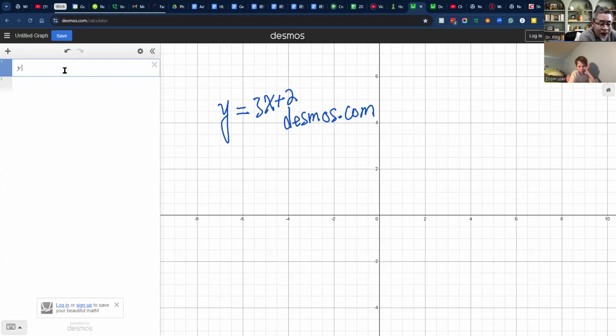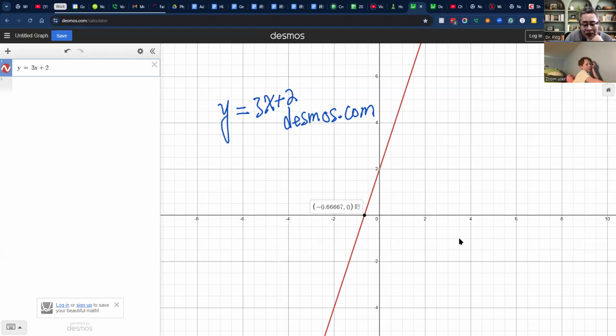You see y is 3x plus 2, and you can see that we have this point. This is our x-intercept, and it's given to us in decimal form. You can write it as x-int, for x-intercept.